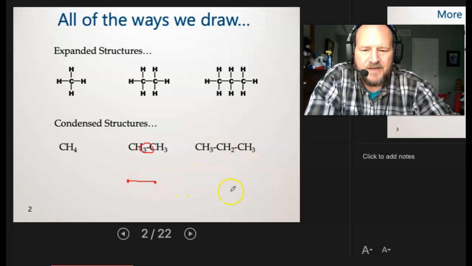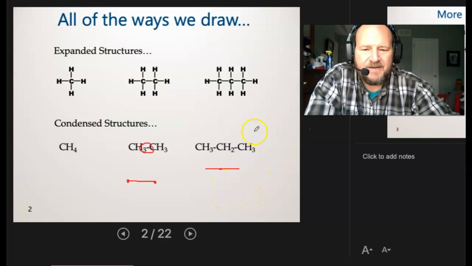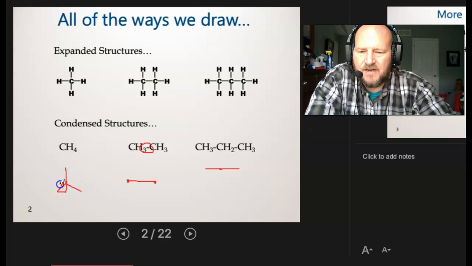So for propane then, it would be 2 lines, but we don't draw it straight because if we do, then you can't really tell that it's 2 lines there and 2 bonds. We want to emphasize that third carbon. And if you remember, when we looked at methane as a structure, if we put carbon in the middle, we had 1 hydrogen coming straight up, 1 coming out like that, then 1 actually stuck out at us and 1 went behind the board, right?